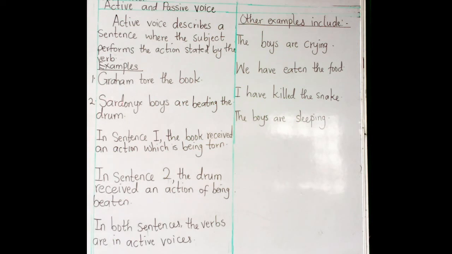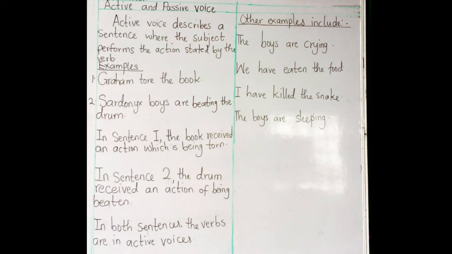Number two, a set of people did something. Those people are Sardonic's boys. The helping verb here is are, and the active verb is beating. Sardonic's boys carried out an action, and the name of the action they carried out here is beating. Something else received the action, which is the drum.